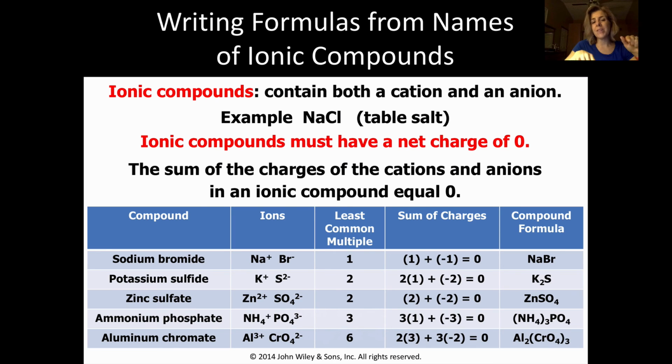But now potassium sulfide. Potassium has a 1 plus charge, but sulfur has a 2 minus charge. We need 2 1 plus charges to equal 1 2 minus charge. So that's why we have a subscript of 2 under the potassium and only a subscript of 1 under the sulfur. Now the other ones are examples of polyatomics, and we'll talk more about polyatomics.